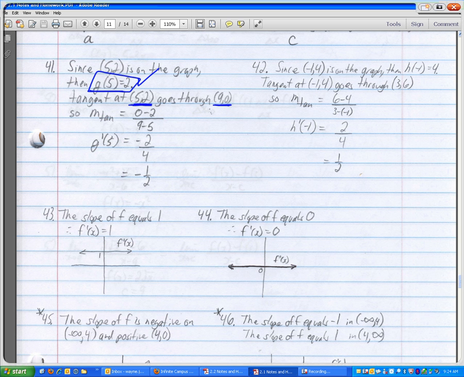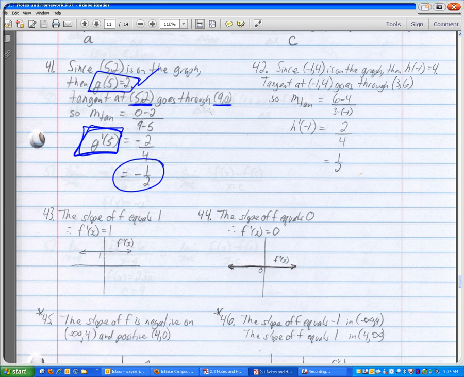Well, when I find the slope of the tangent line, what is that? The derivative. We usually say it the other way around, right? We say the derivative is the slope of the tangent line. But the slope of the tangent line is negative 1/2. That means the derivative is negative 1/2, so the derivative at that point.